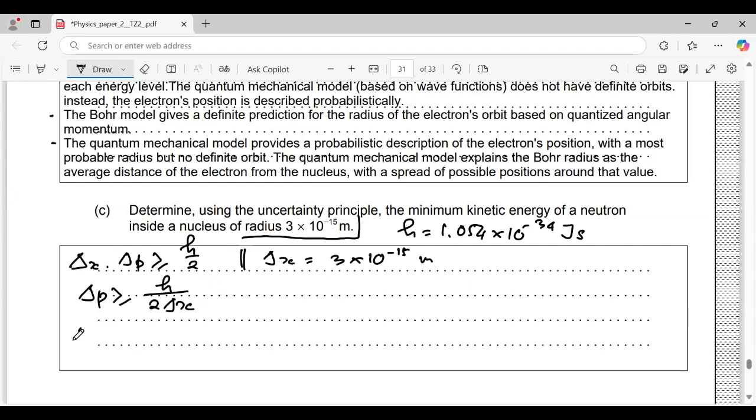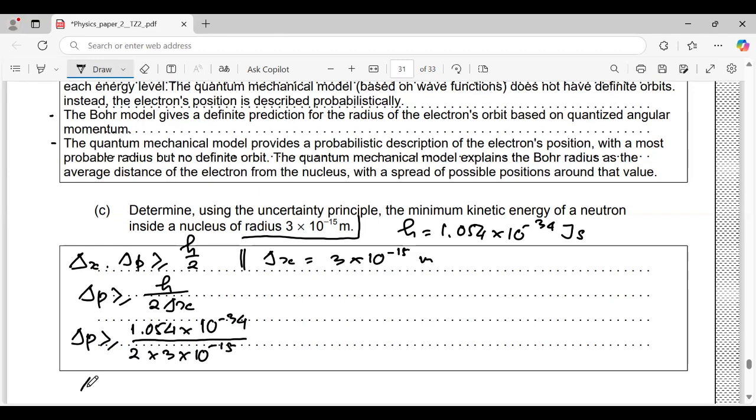So delta p is greater than or equal to 1.054 times 10 power minus 34 over 2 times 3 times 10 power minus 15.